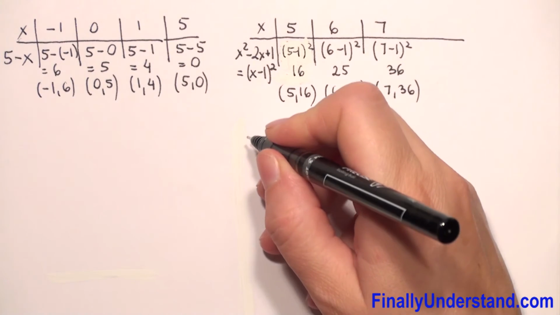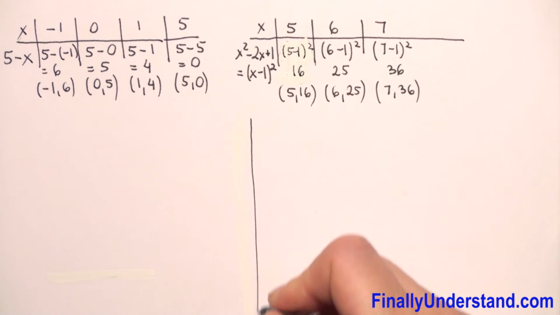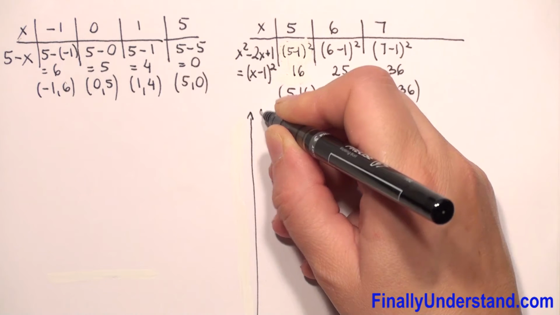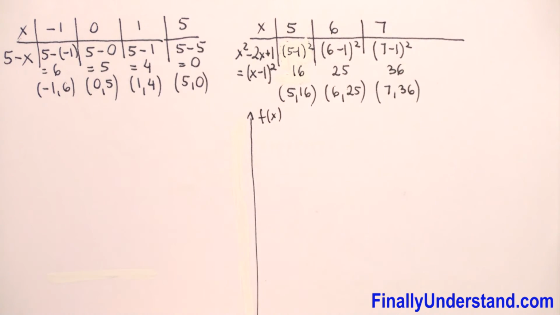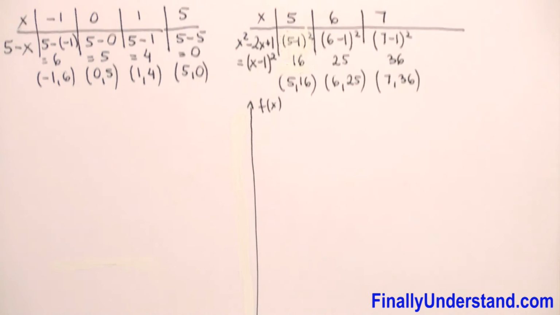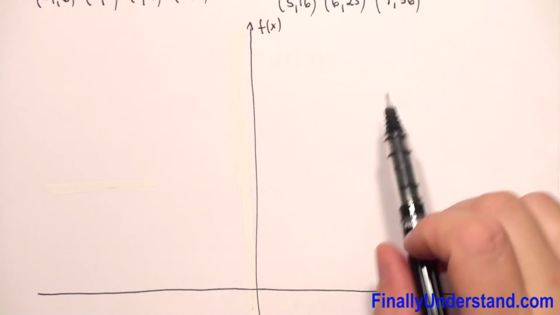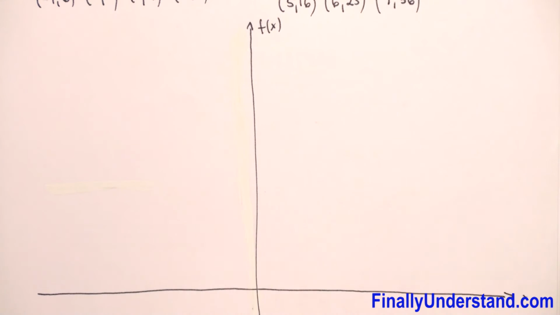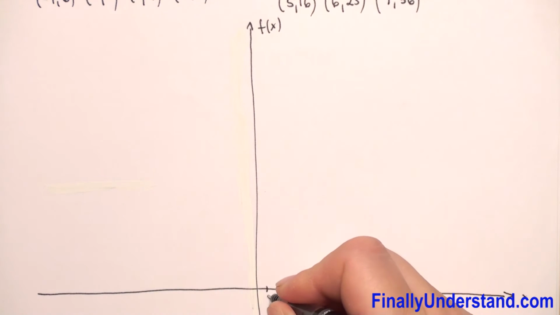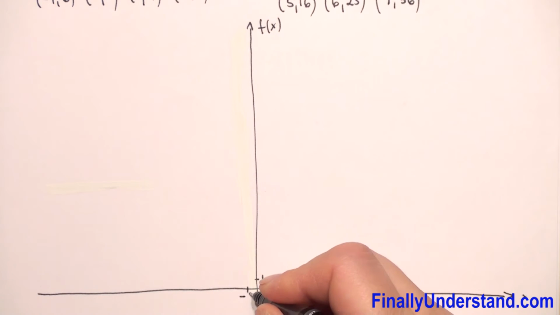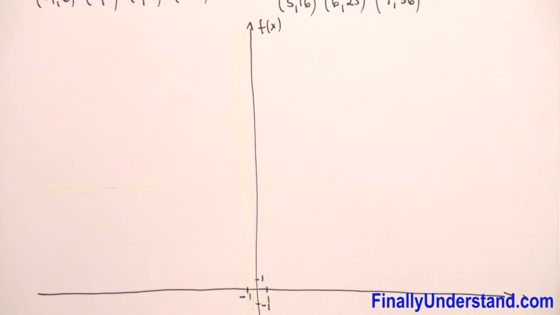We have to draw the xy plane. First we have to choose a very small unit because we have 25, 36. So we need a very small unit.